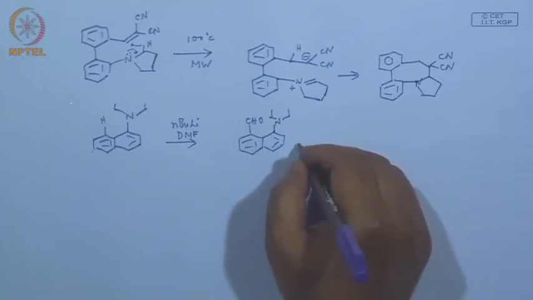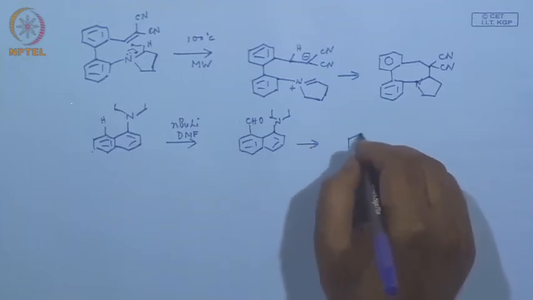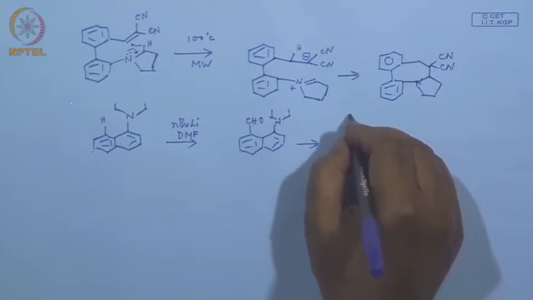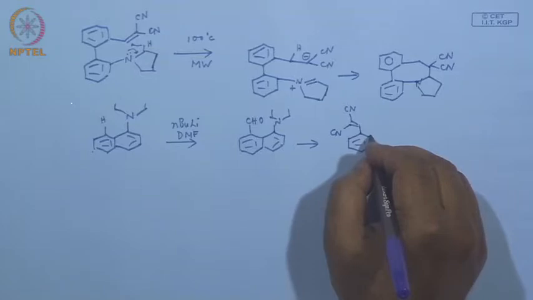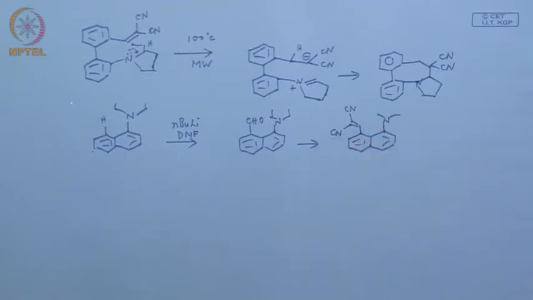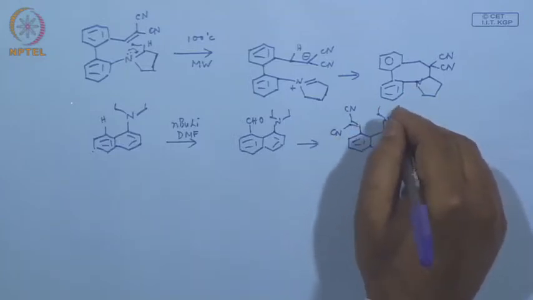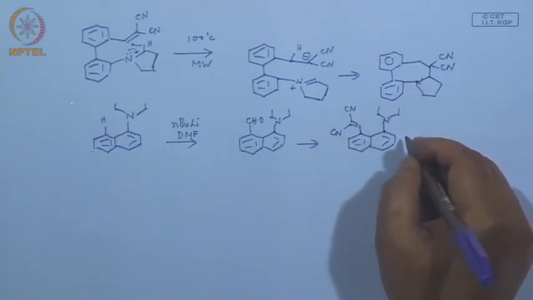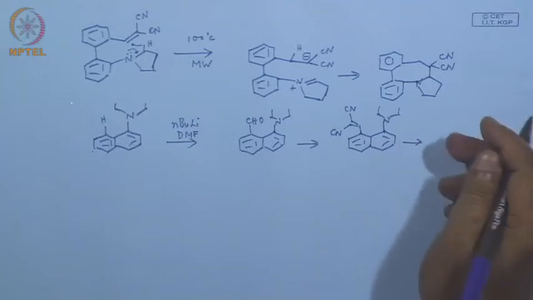So, Knoevenagel condensation kind of thing with the dicyano compound, which is very useful, very easy, and then these alkyl groups. So, you can have all kinds of alkyl groups, and then what is the reaction condition?